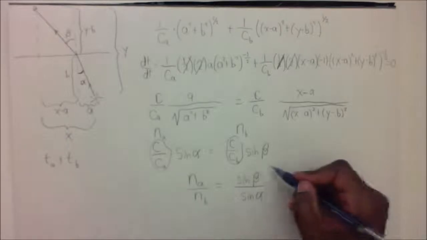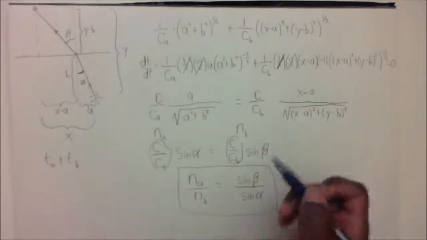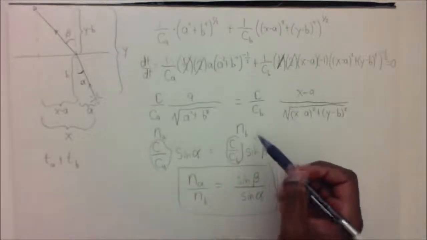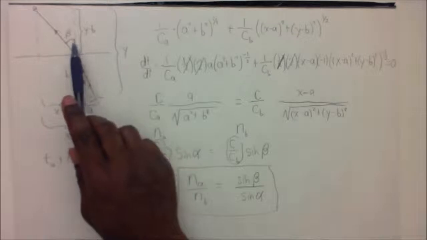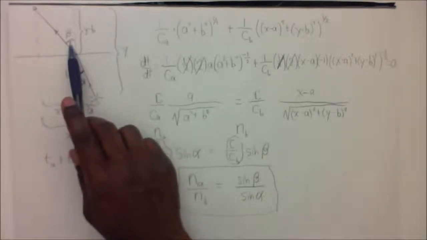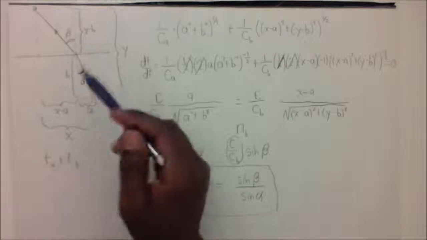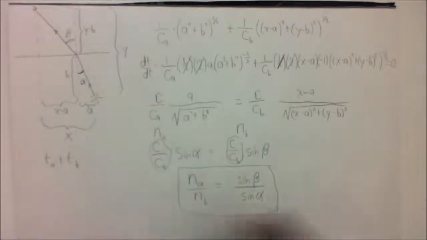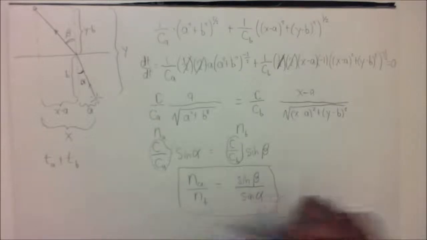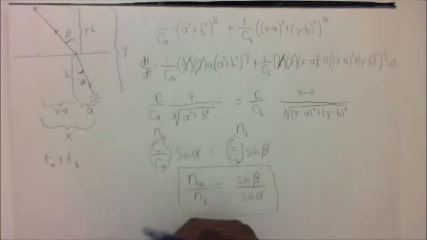What we have just derived is Snell's law, which is saying the sine of this angle going through medium A over the sine of that angle going through medium B is equal to the index of refraction of B divided by the index of refraction of A, and vice versa. I have it written here the opposite, but the answer is the same.